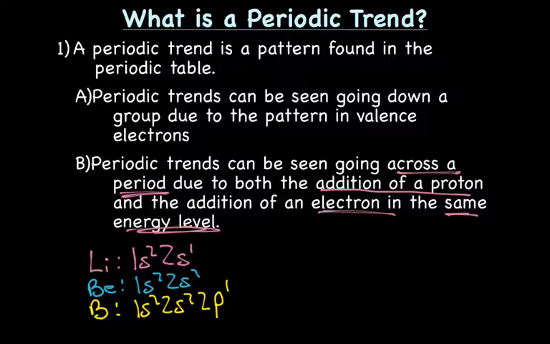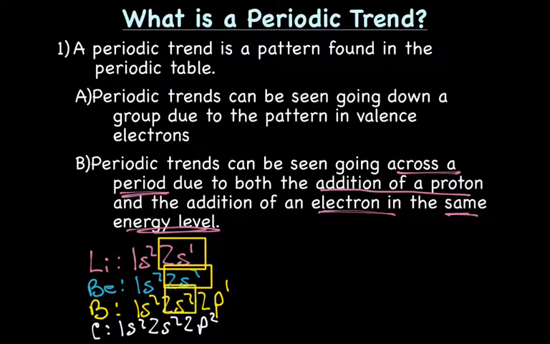I guess we probably should do one more. How about carbon? 1s2, 2s2, 2p2. What you will note with the valence electrons is that we are adding one additional electron each time, but they're all in the same energy level.